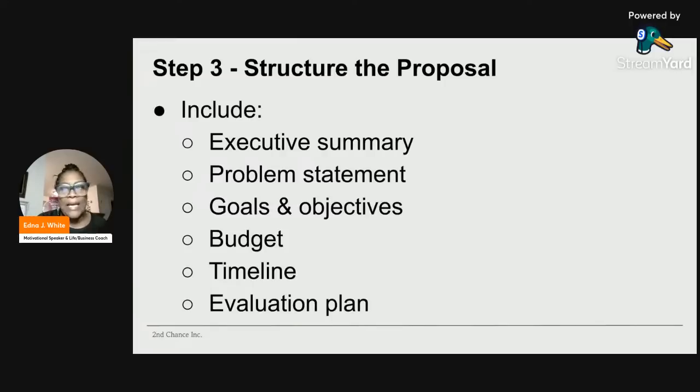Problem statement. Plan, goals and objectives. Timeline, budget. Impact, evaluation plan. That's it. They may seem difficult or tedious the way they are on the screen, but if you think of them as intro, problem, plan, timeline, budget, impact, you've got it down pat.